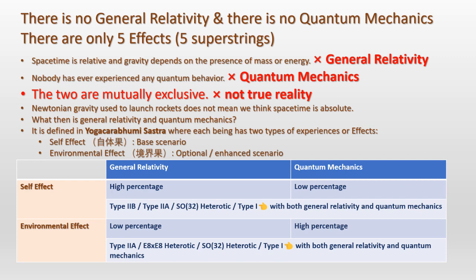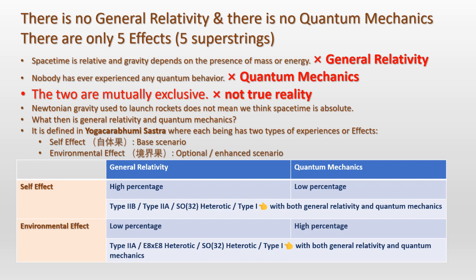Therefore, neither general relativity nor quantum mechanics describes the true reality. The true reality is that there are only 5 effects or 5 superstrings. When we are using Newtonian law to launch rockets, that does not mean that we think space-time is absolute. It is simply because Newtonian gravity is accurate enough to launch rockets.